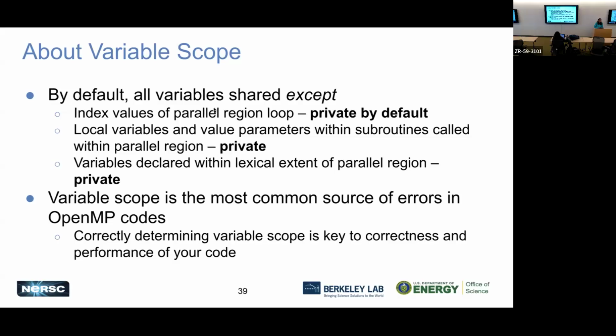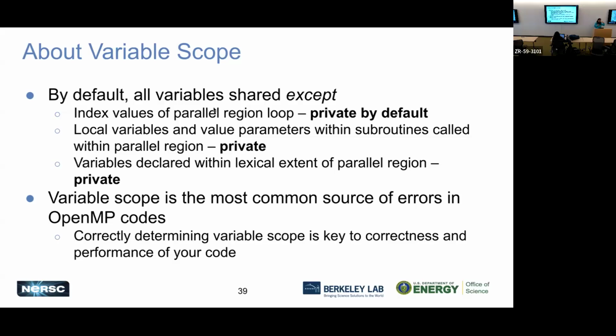And the local variables, if they are declared inside the parallel region or inside the subroutines within the parallel region, they are private. There's also what we call the lexical extent. Lexical extent means there's a region and you call some function. The functions called within the region are outside of the lexical scope.